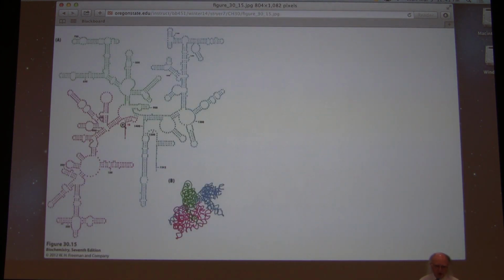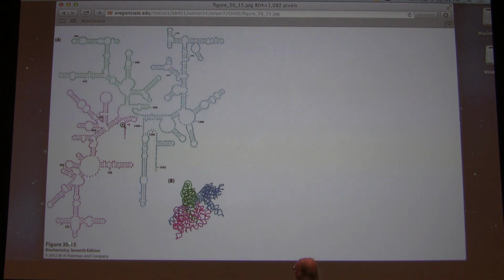Ribosomal RNAs are interesting and unusual. This shows a two-dimensional representation of one of the ribosomal RNAs. Ribosomal RNAs have an elaborate, what's called secondary structure, where they have interactions between sequences that are close to each other. And we can break this down into three different regions: a blue region, a red region, and a green region.